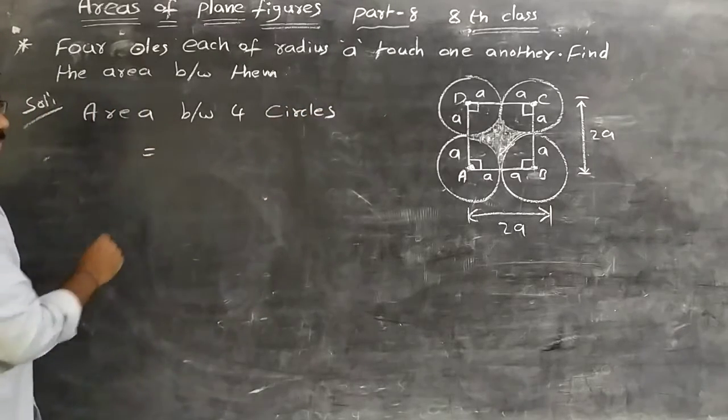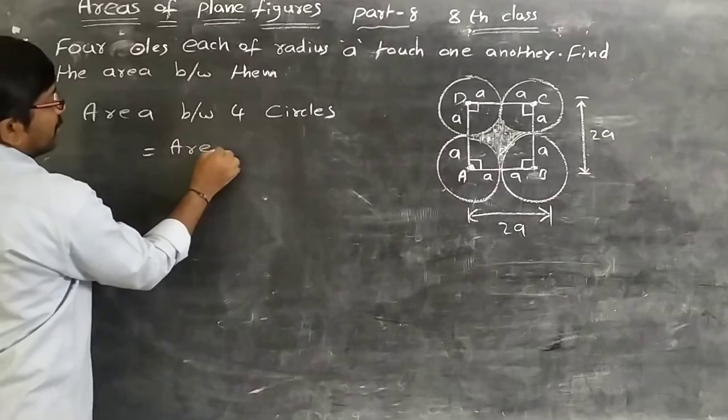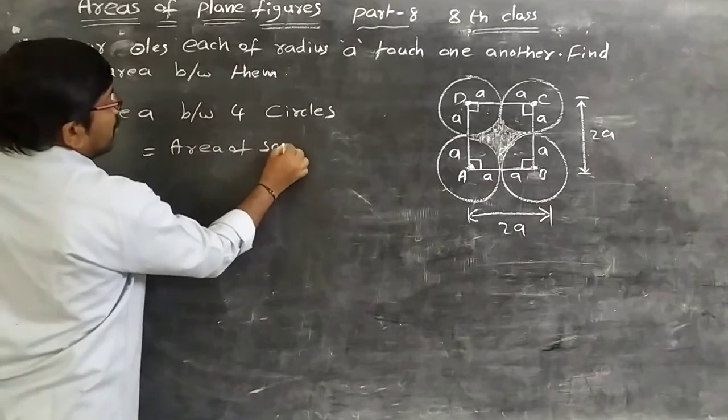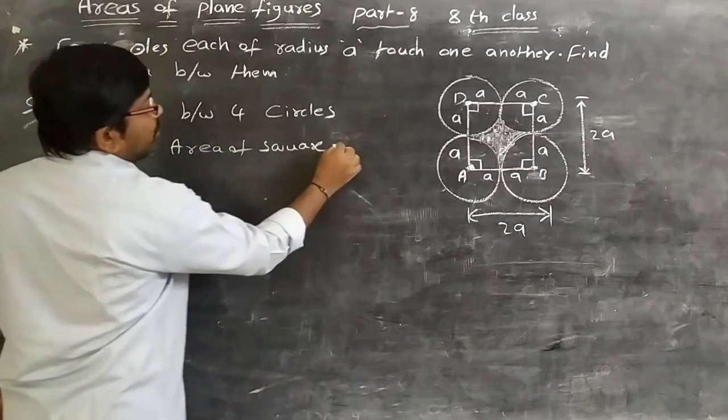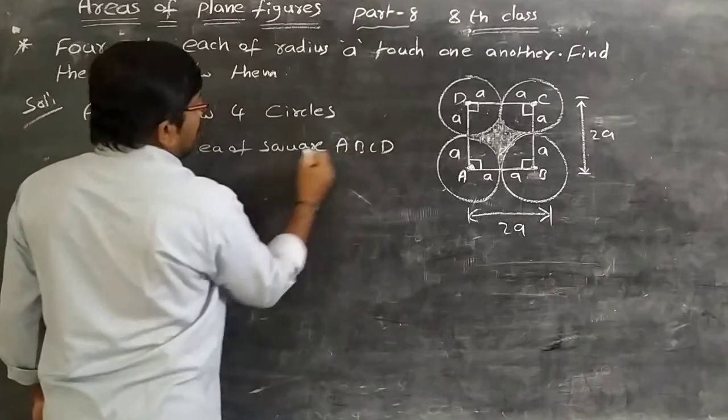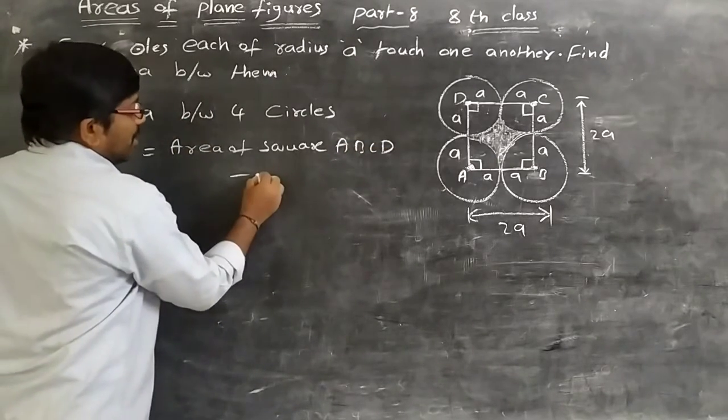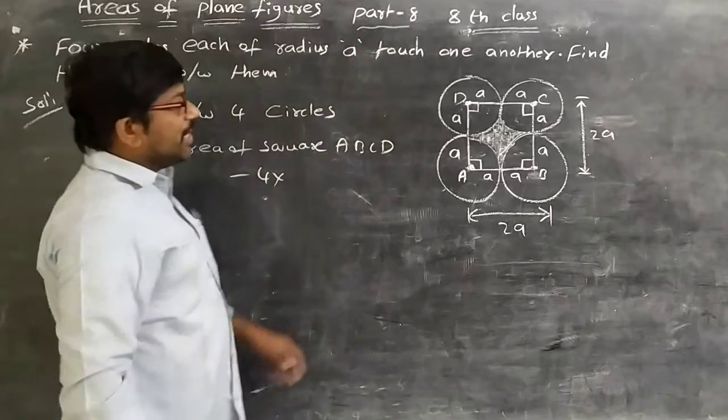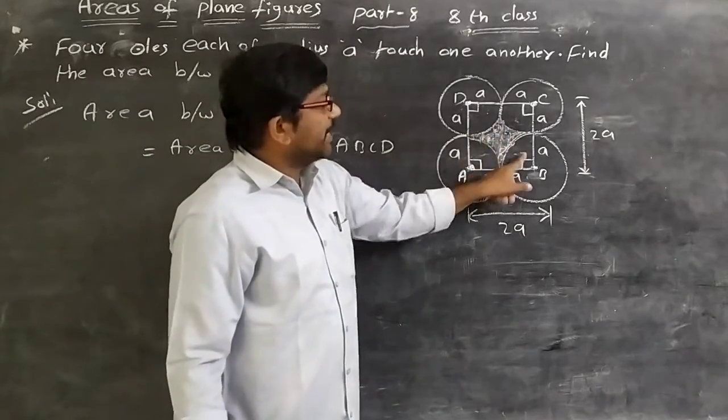is equal to area of square ABCD minus 4 into how many sectors are there? 4 sectors.